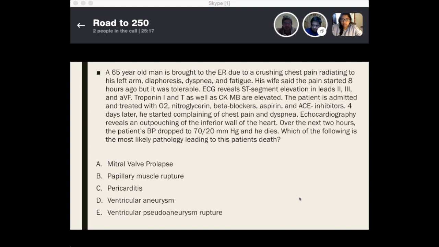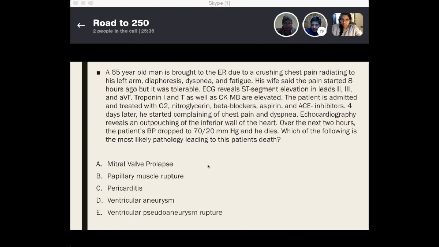So this is like the timeline of post-MI issues. So this is going to test you. If you want to go through this now or after you guys guess an answer, we can go through each of it. Okay, I have a guess for E.